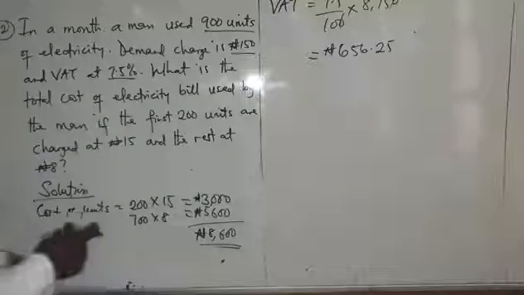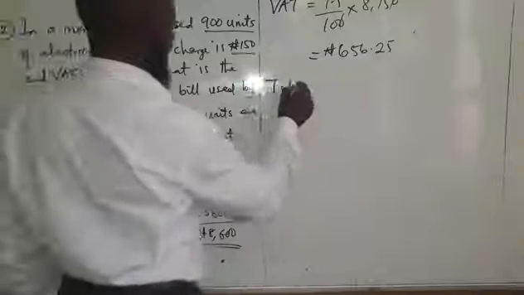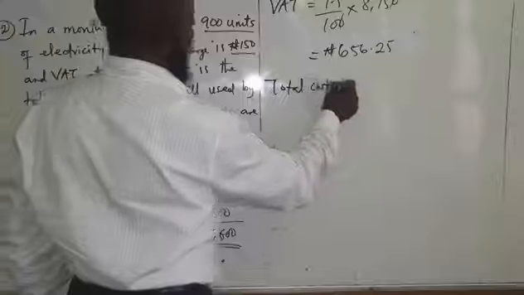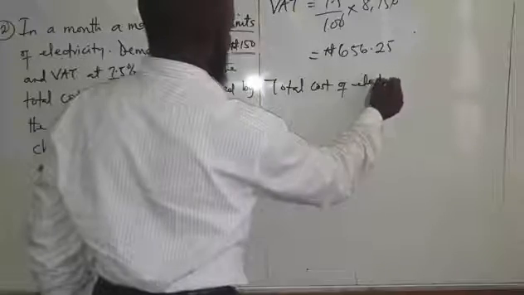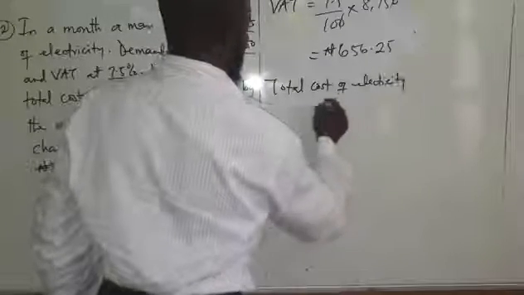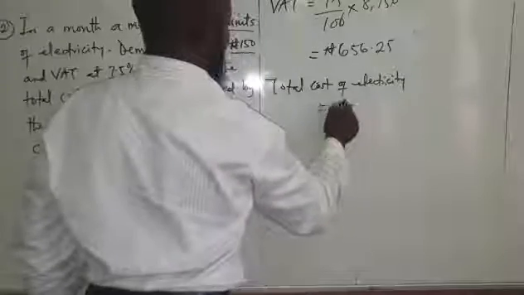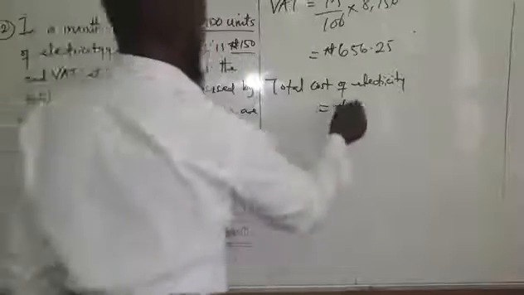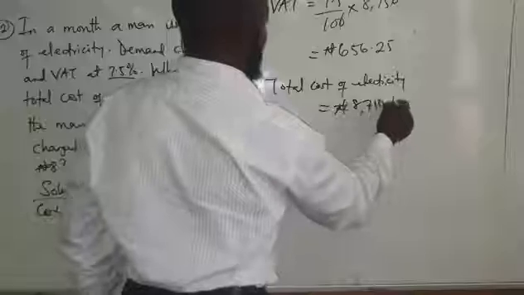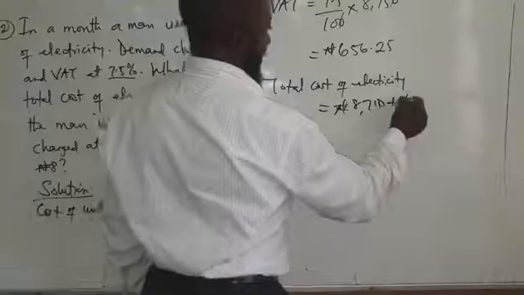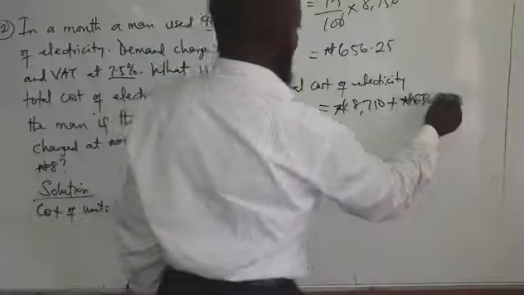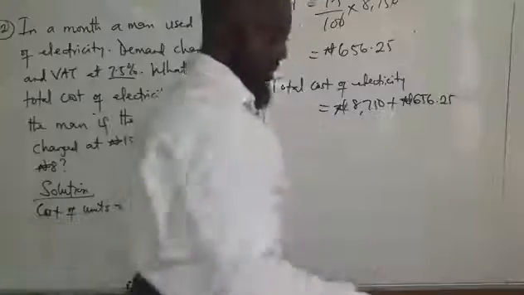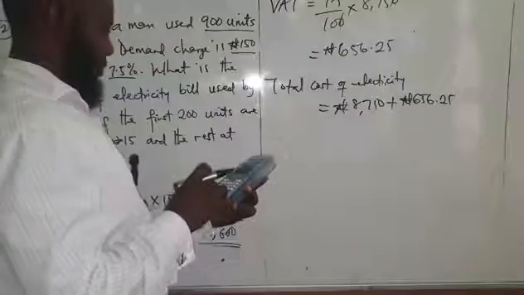So the total cost of electricity will then be equal to this total cost, 8,750, plus 656 naira 25 kobo.